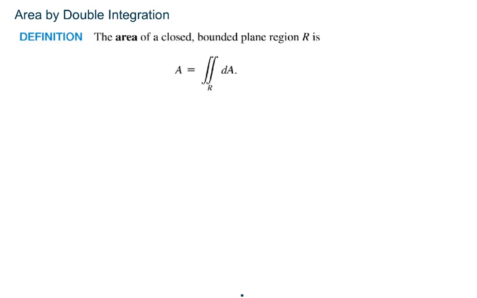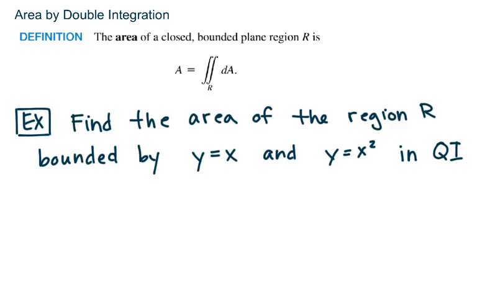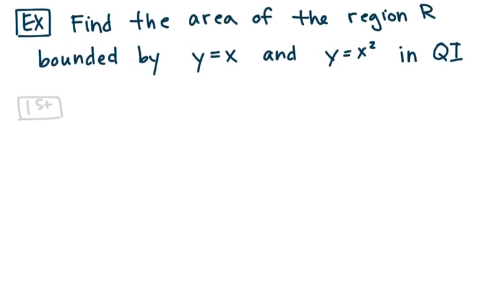Let's do an example. For this example, we're going to find the area of the region R, which is bounded by the functions y equals x and y equals x squared in quadrant 1. The first thing we always want to do when we're dealing with these regions is to sketch the region.